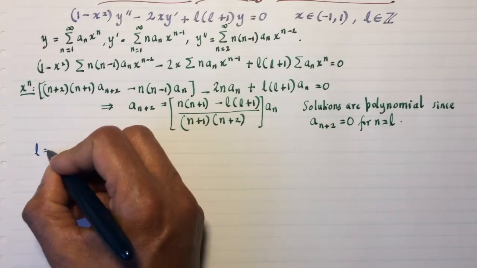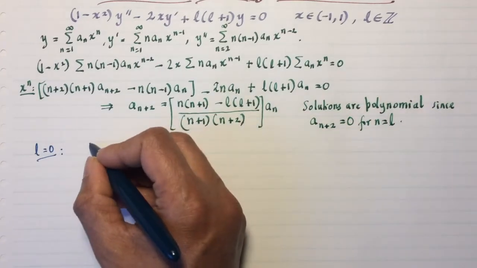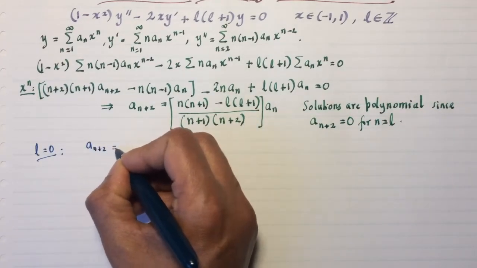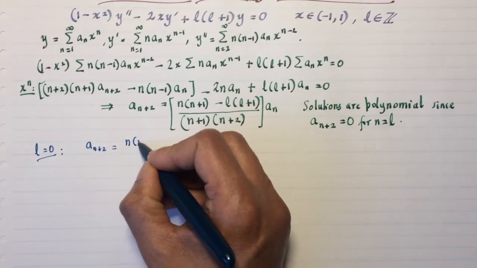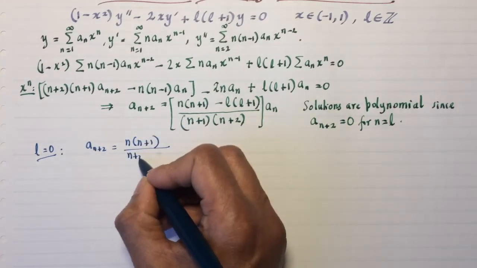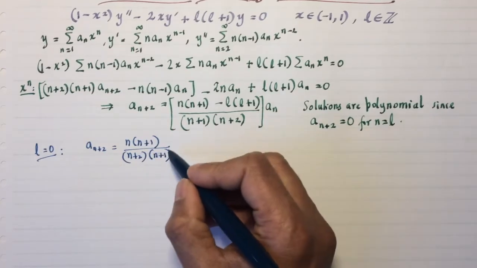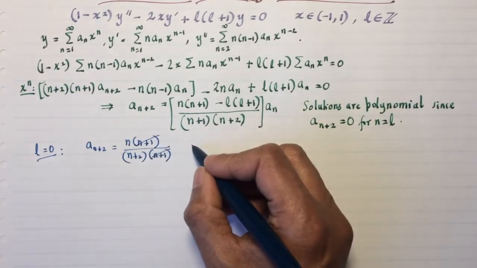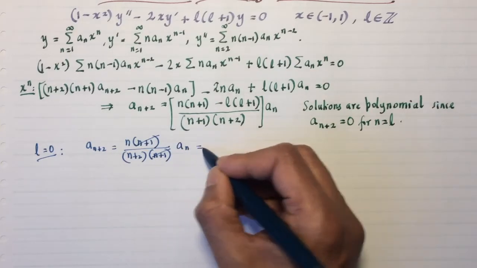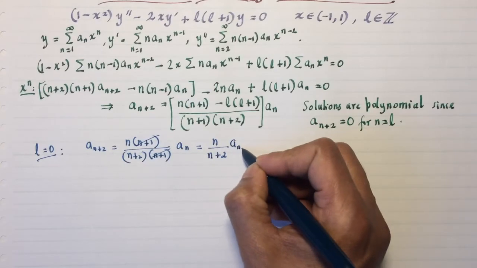For l equals 0, it just means put l equals 0 in that formula. So I get a_(n+2) is equal to n times n plus 1 divided by n plus 2 times n plus 1, times a_n. So you notice that n plus 1 cancels out, and I get n over n plus 2 times a_n.